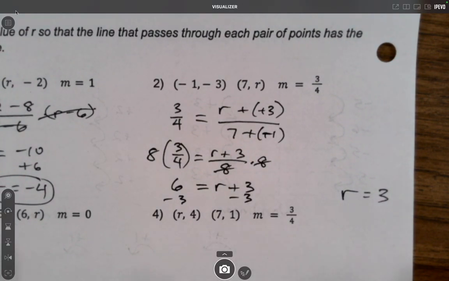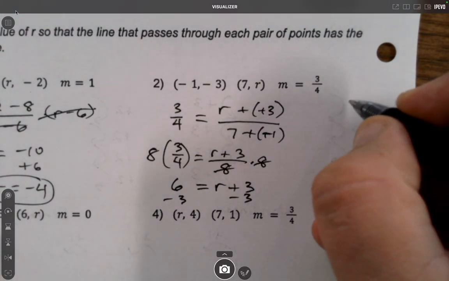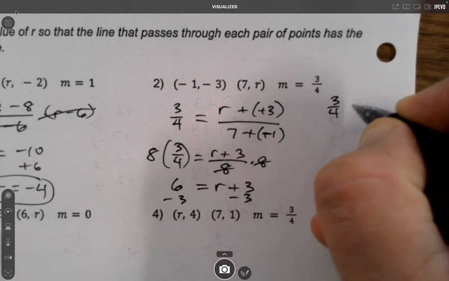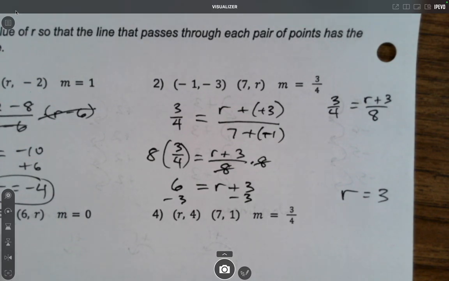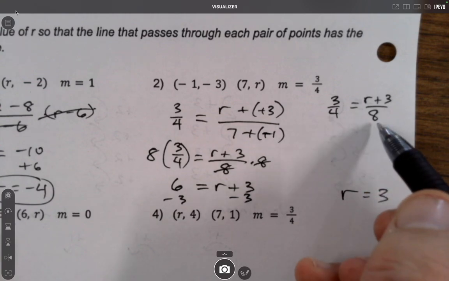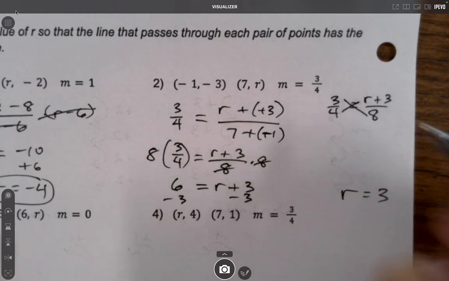So that way's good. Another way you can approach it, I'll just rewrite what we had. We had a fraction equal to a fraction. So another way you can approach this is by cross multiplying. Just like we did with proportions, or you have done proportions in the past anyway, when you have a fraction equal to a fraction, you can cross multiply.